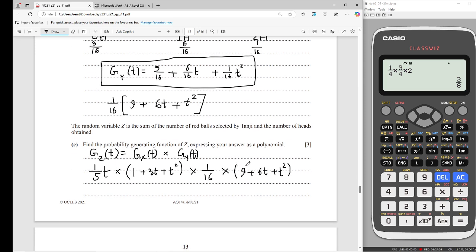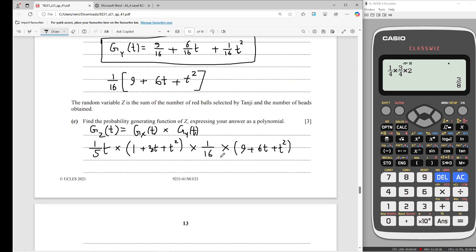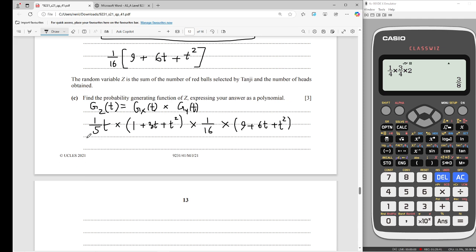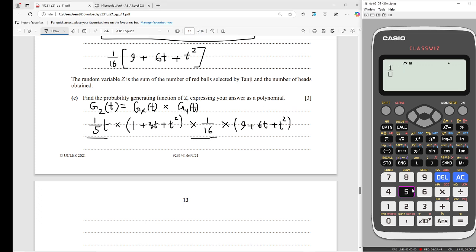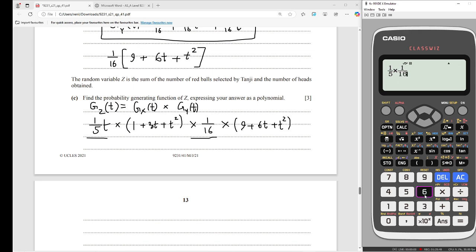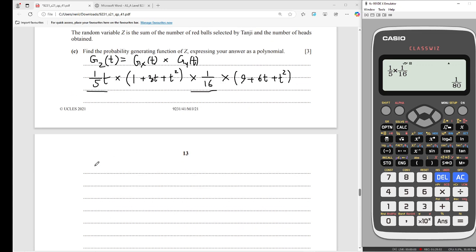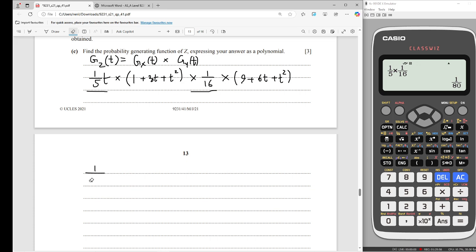Okay, so we can simplify things a bit easier by multiplying these two over here. So 1/5 times 1/16, I think it should be 1/80, but just to verify, yeah, 1/80. And don't forget we've multiplied this with t as well. And now we have to multiply the two polynomials here.